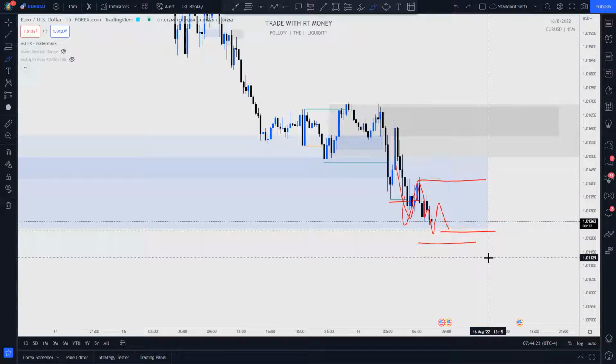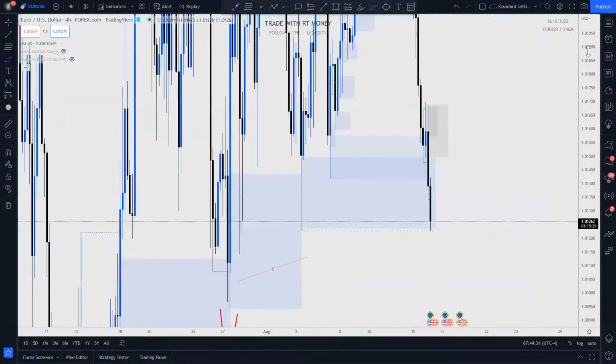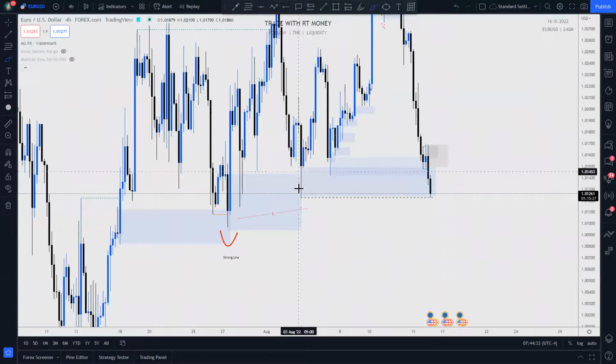I think so because I'm basing it on the fact that we are in the nitty-gritty of this 4-hour demand here. We are in it. Now, look, this is the strong low I had marked out some time ago.